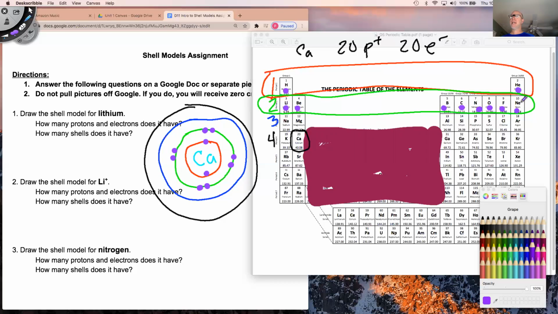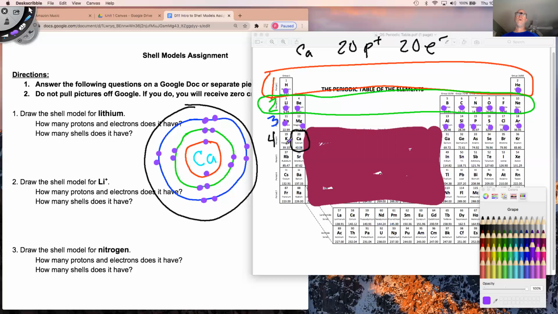So right now we're at 10. This is the shape that neon would have. Now we have to move on. Row 3 is going to have how many electrons? 8. 1, 2, 3, 4, 5, 6, 7, 8. Right? And then calcium is going to have how many electrons?